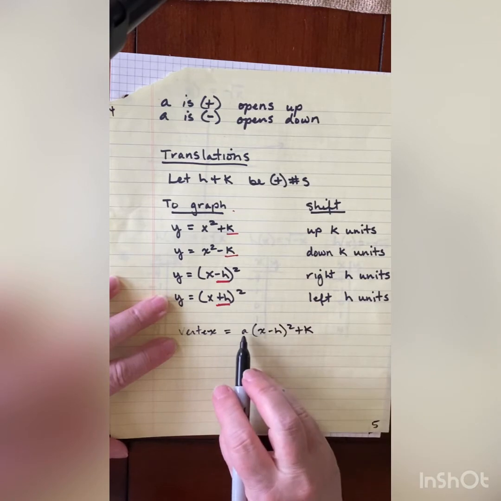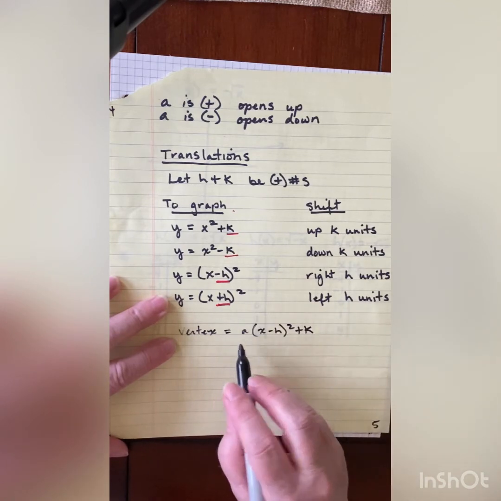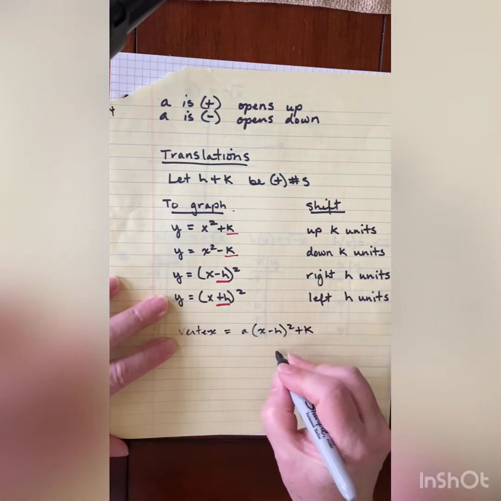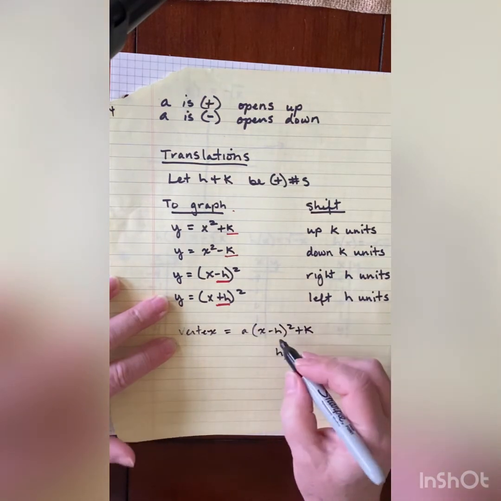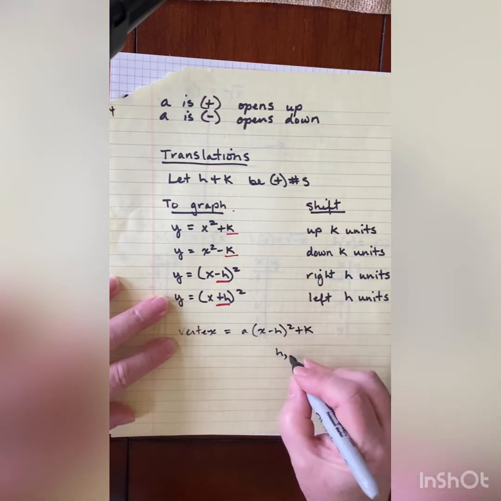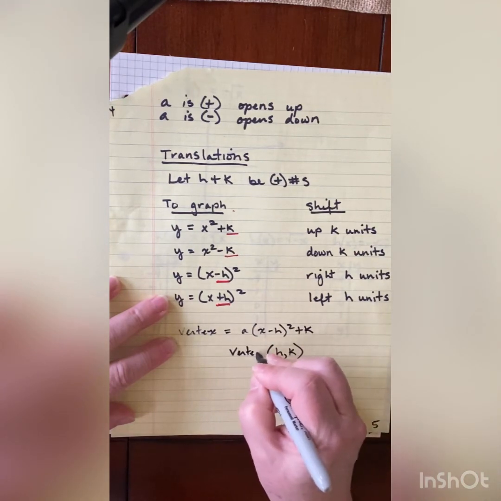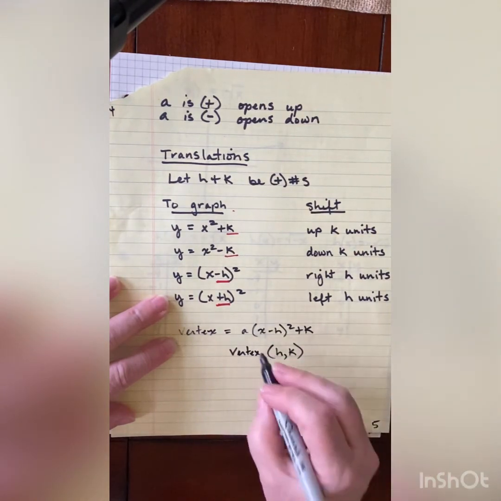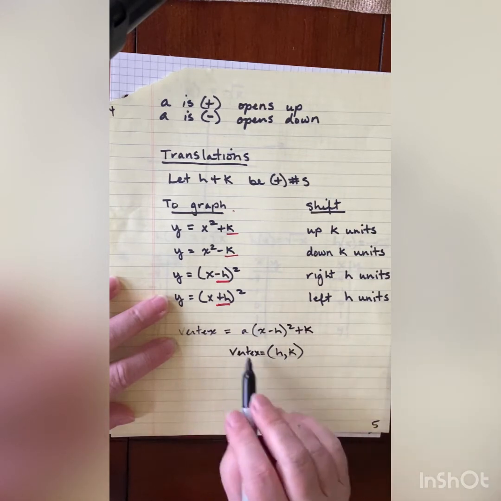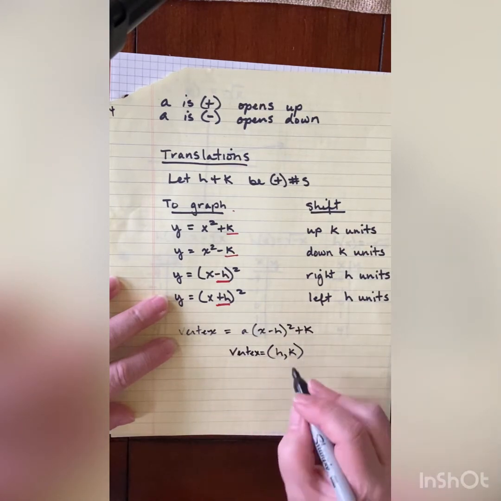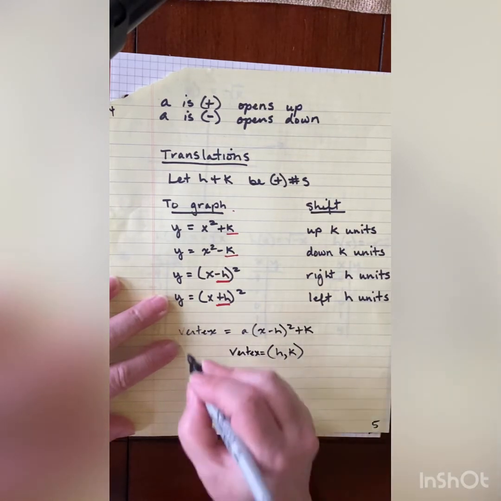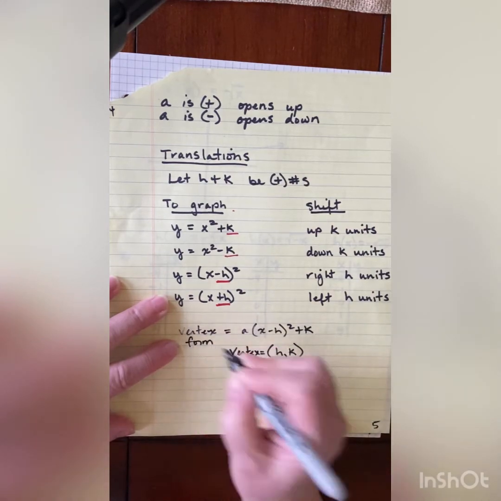Remember the a tells me if it's opening up or down. This h is the opposite, and this k here is the same. So our vertex will actually be (h, k). If we get it in that form, we can just look at it and move it around using that. So this is vertex form up here.